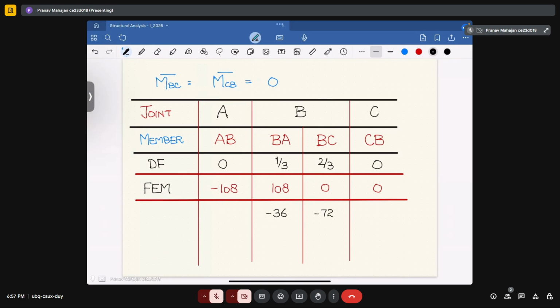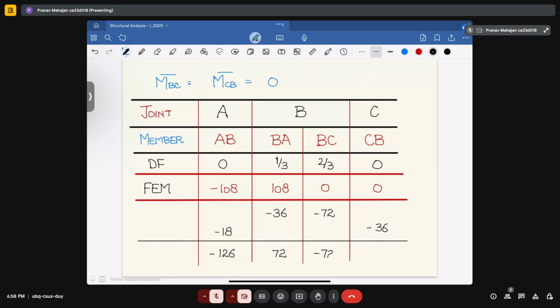Now their corresponding carryover moment will come on this side. That will be equal to 18. And here it will come out as minus of 36. So if you do the checking again, whether it is satisfied or not: minus 108 and minus 18 will come out as minus of 126. 108 minus 36 will give you 72.